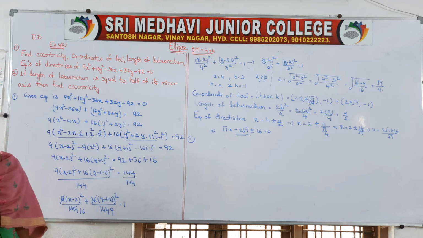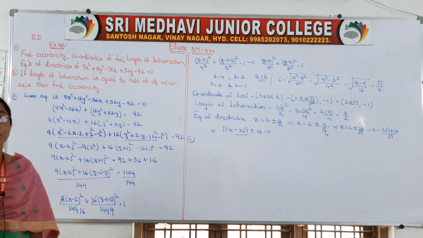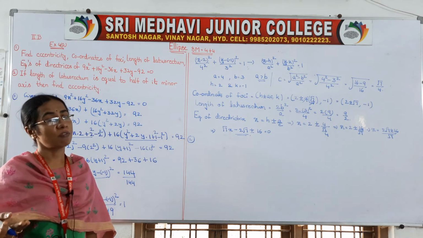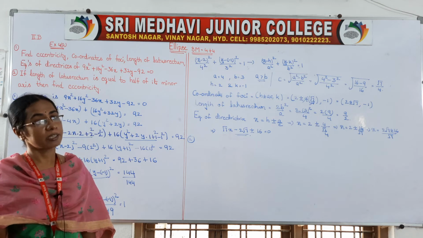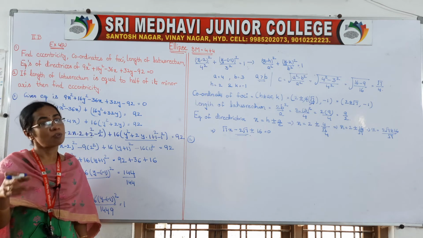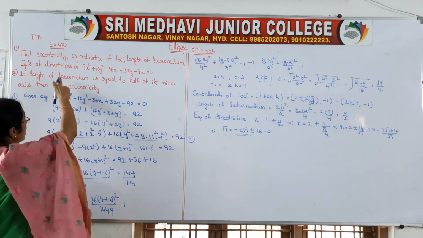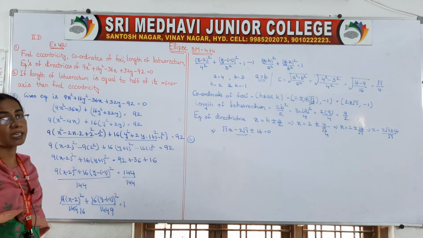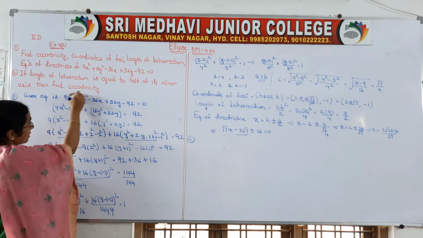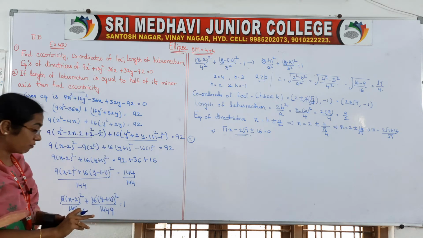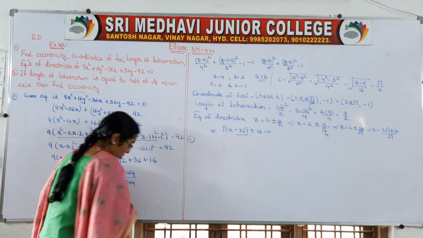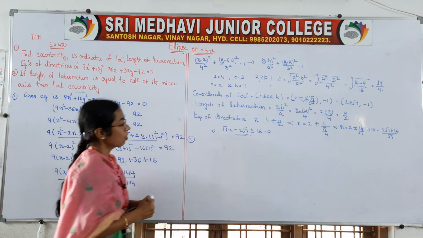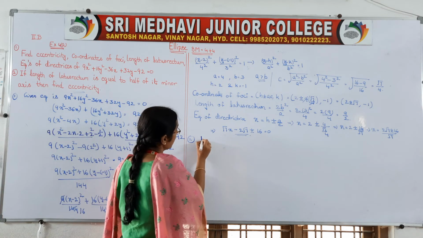The standard ellipse equation means the first equation, x square by a square plus y square by b square is equal to 1, where a is greater than b. That equation should be taken. The given information is that its length of latus rectum is equal to half of its minor axis, then find the eccentricity. Now we will take this second question. First, what is the equation of the ellipse?